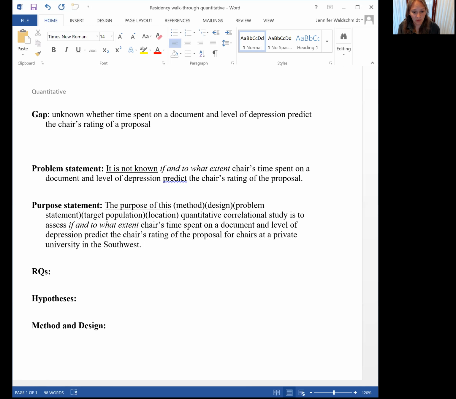So here's our purpose statement. The purpose of this quantitative correlational study is to assess if and to what extent chairs' time spent on a document and level of depression predict the chair's rating of the proposal for chairs at a private university in the Southwest.